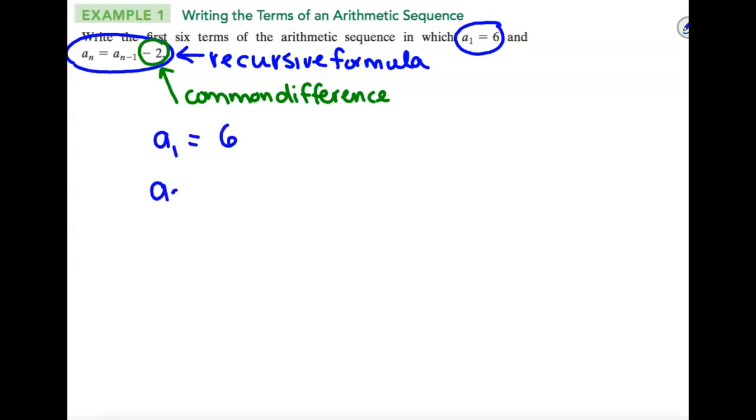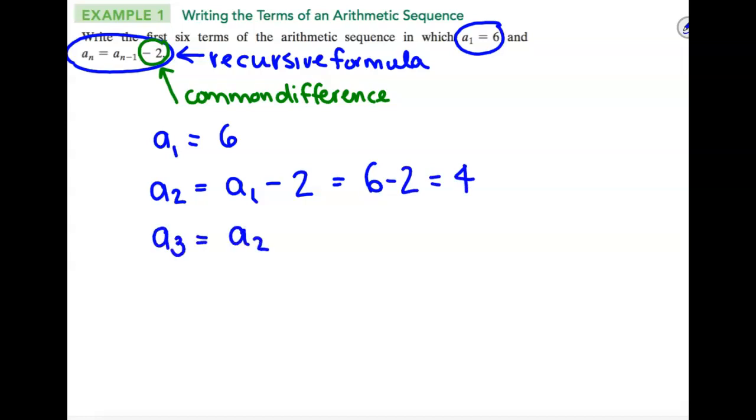So term 1 is 6. To find term 2, we take the previous term and we're going to subtract 2 from it. So 6 minus 2 is 4. To find term 3, we're going to take the previous term, term 2, and subtract 2. So 4 minus 2 is 2. And you can continue this pattern.